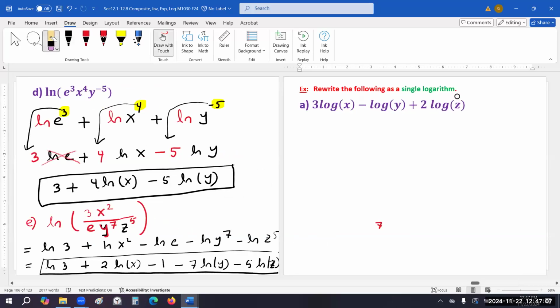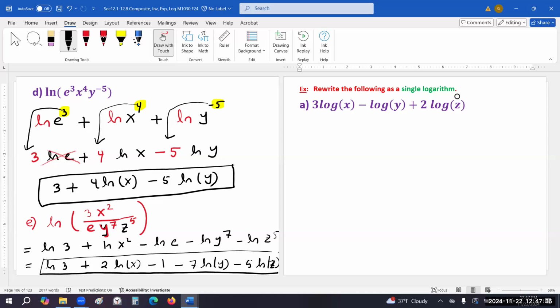Now you're going backward. We are given a bunch of logs. We have to combine them according to their signs, so we have to basically move back. Every coefficient becomes a power. Step 1, bring the coefficient to the power. Step 2, according to their signs, if they're plus, they will be multiplied on the top.